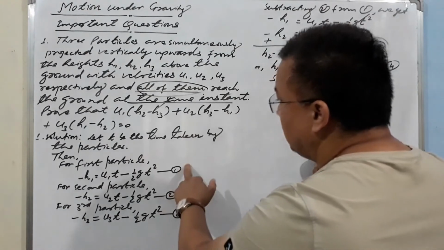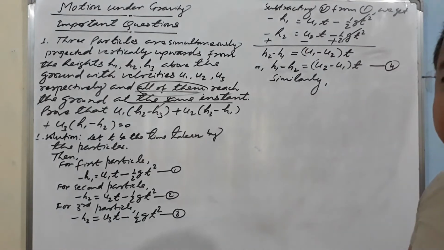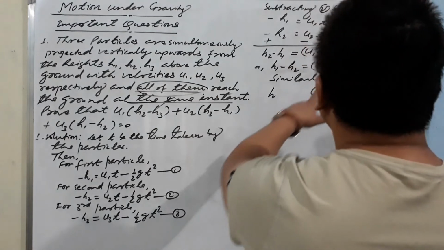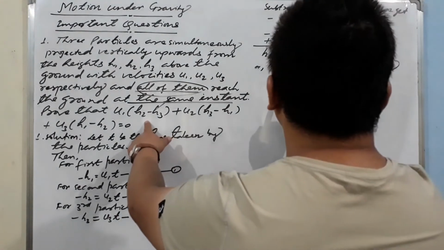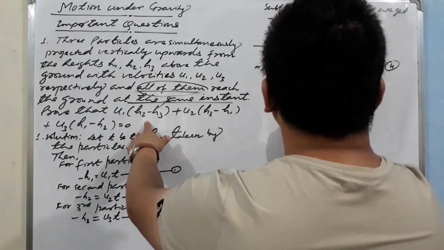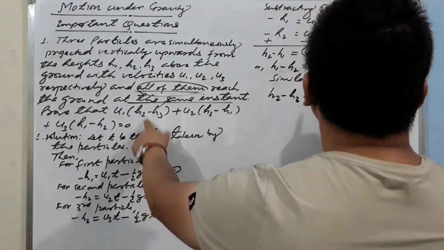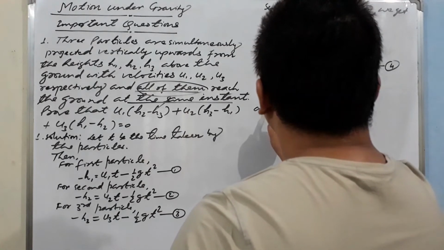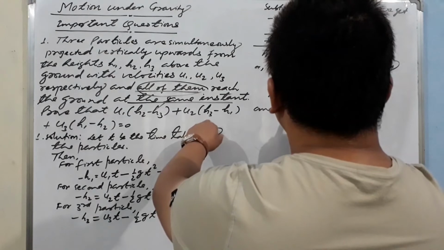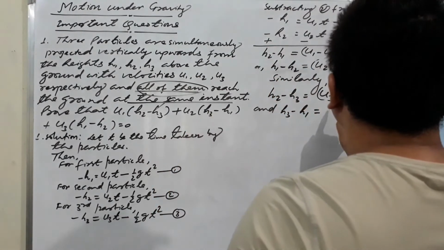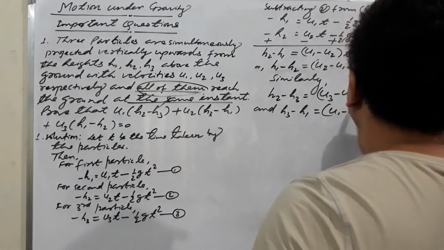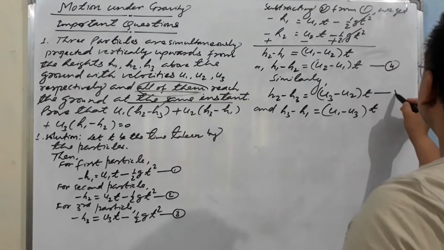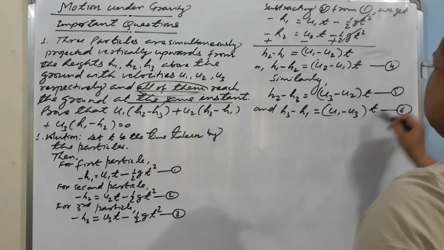So h1 minus h2 we got, h2 minus h3 is equal to u3 minus u2 times t, and h3 minus h1 is equal to u1 minus u3 times t. This one is number 5, and this relation will be number 6.